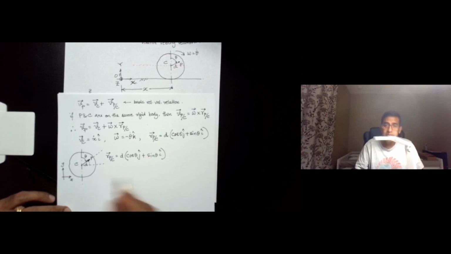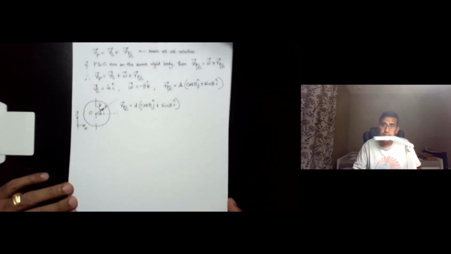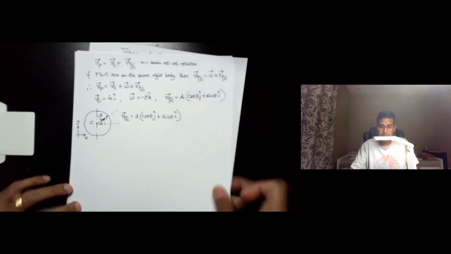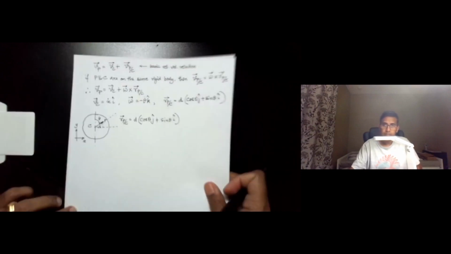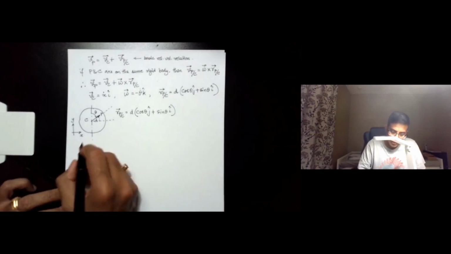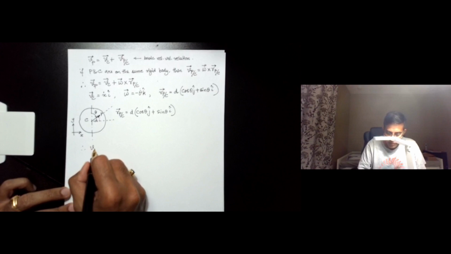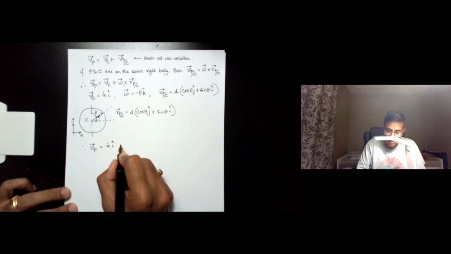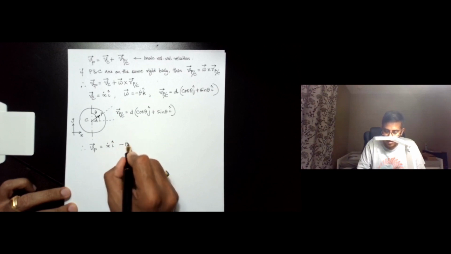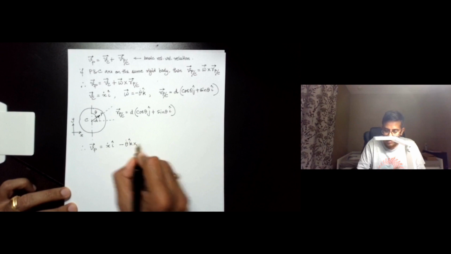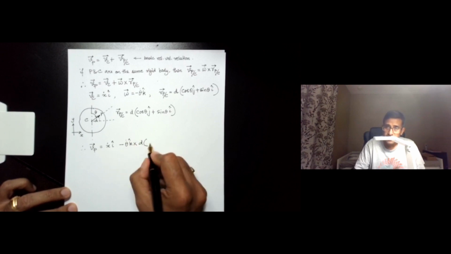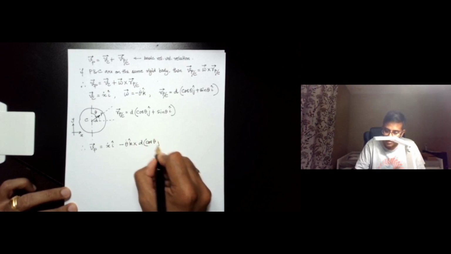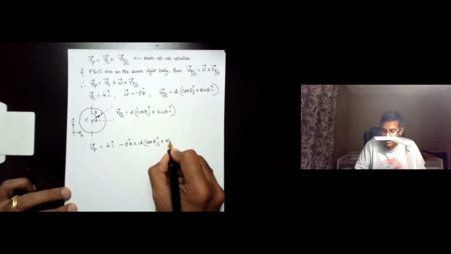So now let us carry out this cross product. Therefore Vp is equal to Vc, which is x dot i, minus theta dot k cross d cosine theta j plus sine theta i.